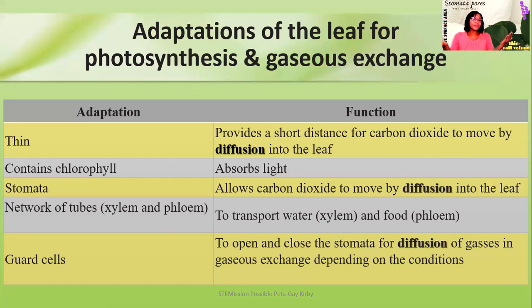There are also vessels that help to transport water and food that are a part of the process of photosynthesis. But let's look again. We also have guard cells. Now, these open and close the stomata, which were just mere pores, for diffusion of gases in gaseous exchange, depending on the conditions.